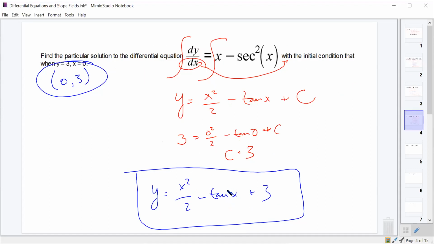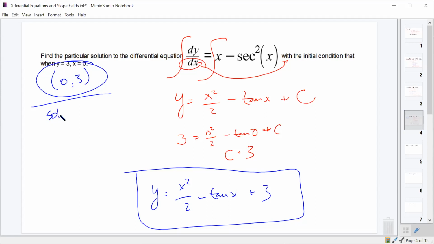Okay? Because there is this discontinuity, we have to do something called looking for the interval of validity. A differential equation's solution is technically only valid on the continuous part of the function that includes the initial condition.